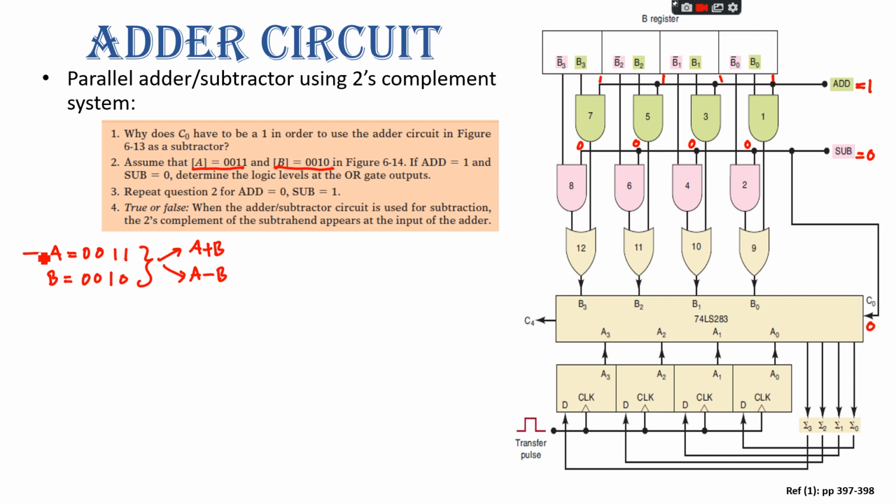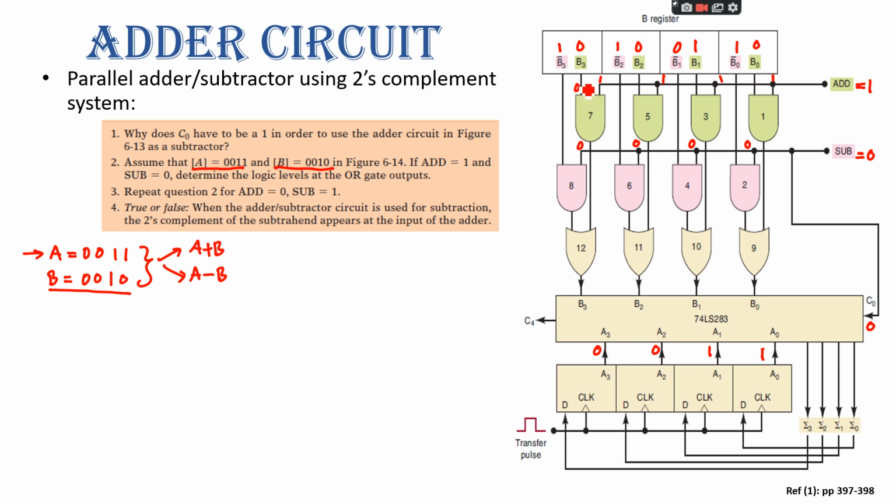Now the number given as A will directly come here, so 0011 comes directly here. The number B given here is 0010, so the complement of the number would be 1101.